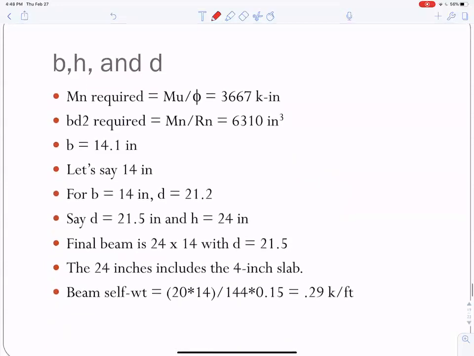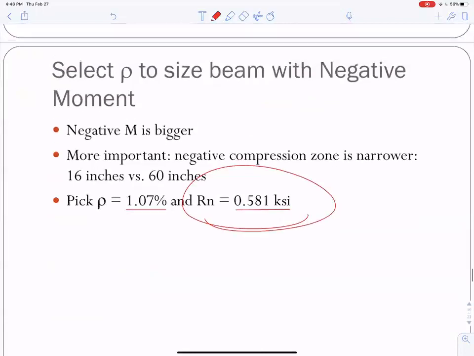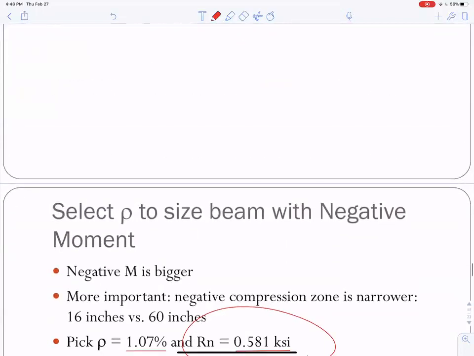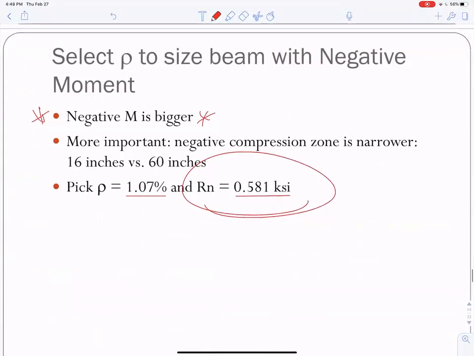Now, sizing the beam. The negative moment is bigger, so we're going to use that. But even if it wasn't, okay, you've got this beam that looks something like this. Oh, this is not coming out very nice.